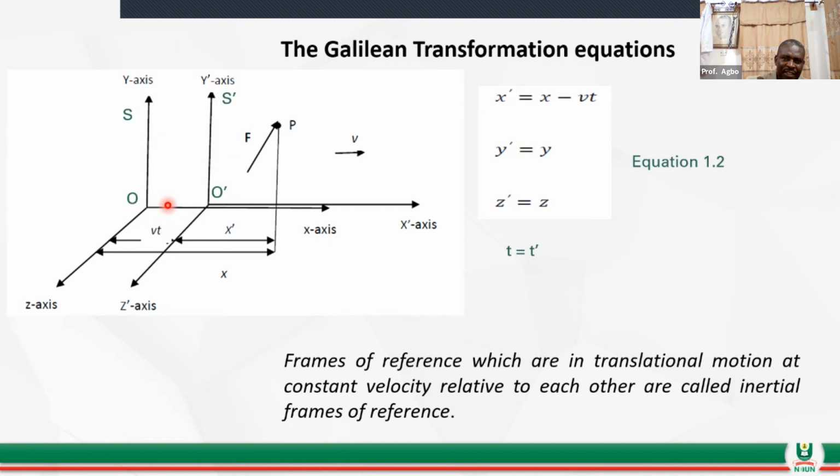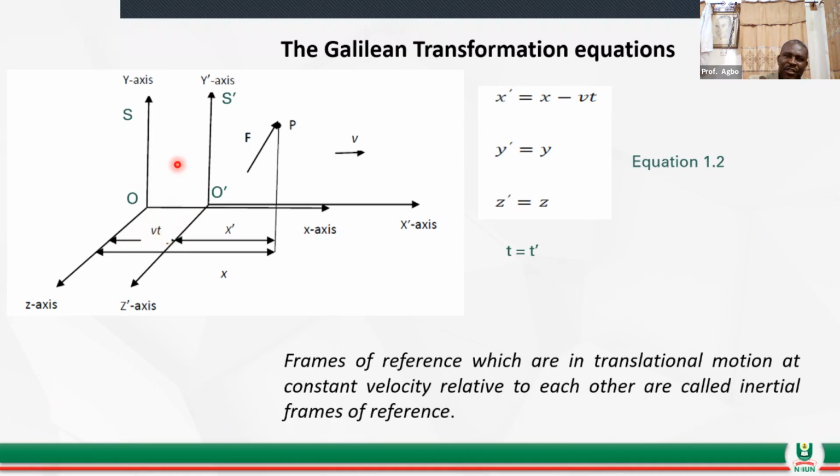The observer is at a certain distance from here to here now, because that frame has moved this space in time. And that space, if you want to calculate it, is velocity times time, which is this vt.